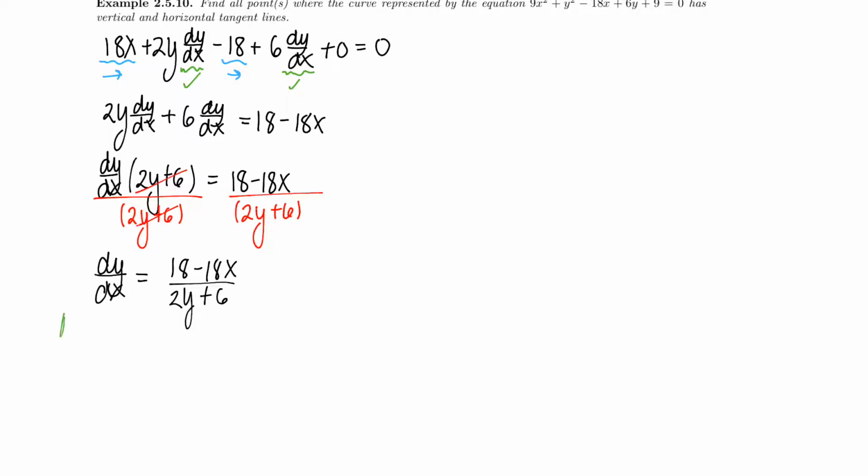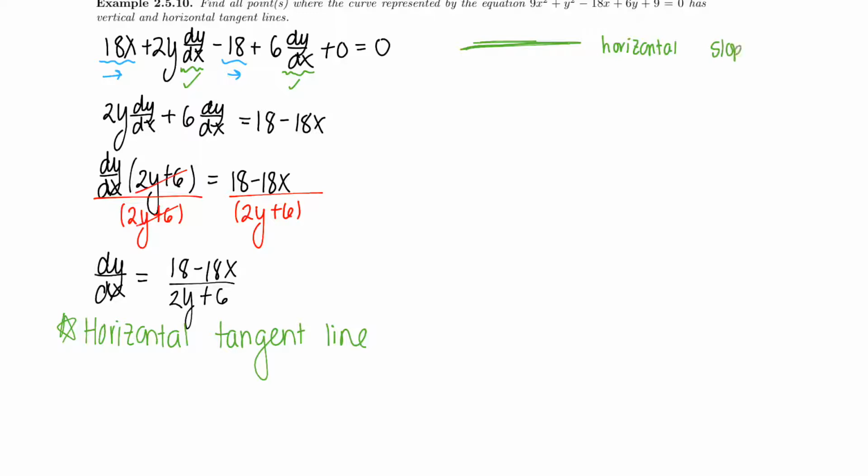So here's the important thing. For a horizontal tangent line, so for a horizontal slope, it's a line like this. This is horizontal. The slope is 0. For a vertical line, the slope is undefined.